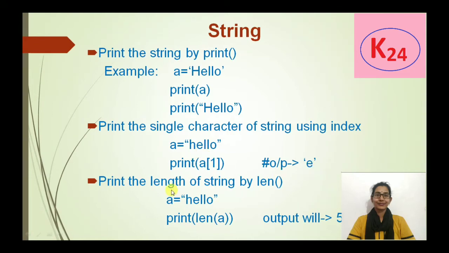Here we are using 1, so the output will be a. And if we want the length of the string, we use the len function and pass any string or variable, and it gives the length of the string.